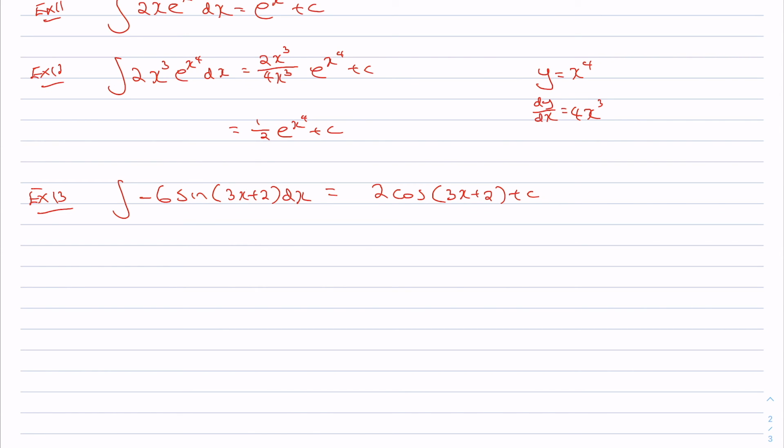So how about if it's this one? Let's see. Again, as I said, you're not going to be asked something like this, but I thought I'd just chuck it in. How about if it's x cos x squared dx?